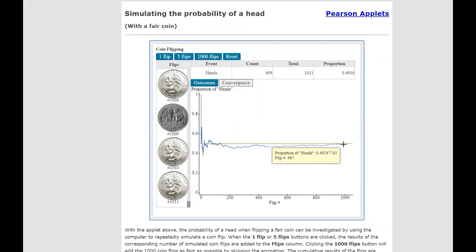So you can repeat this as many times as you want, and there are online simulators calculating the probabilities for you. In chapter 4 and chapter 5, we're going to use our calculator to calculate probabilities for us.